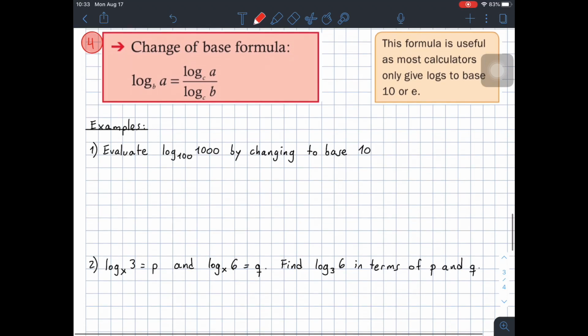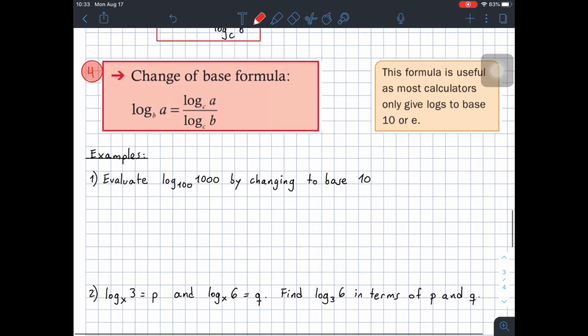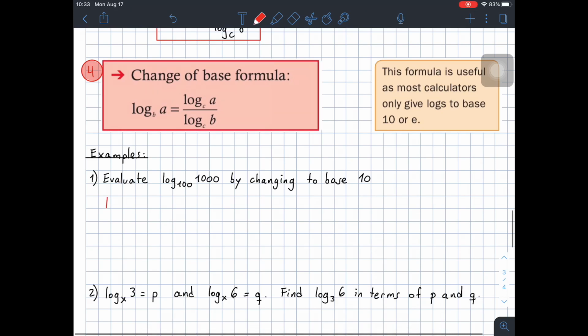It says, evaluate log base 100 of 1,000 by changing to base 10. If I apply the formula, log base 100 of 1,000, changing to base 10, which is what I'm being asked, would be log base 10 of 1,000, the argument, divided by log base 10 of 100, the previous base we had. I don't need to write the base because the implicit base is 10.